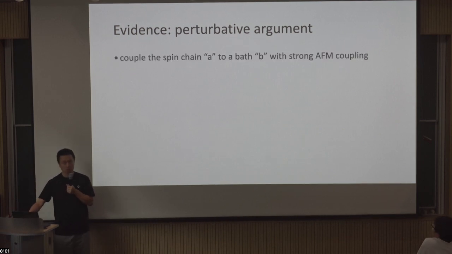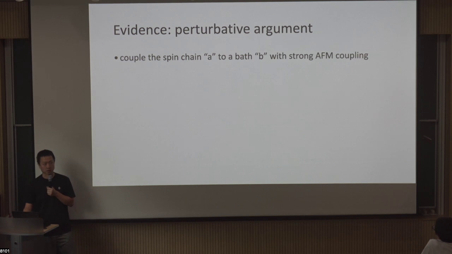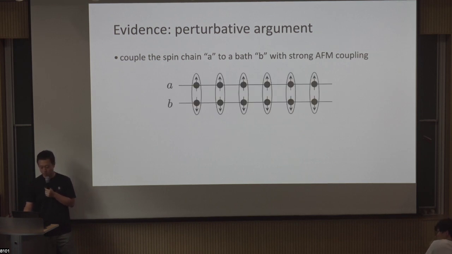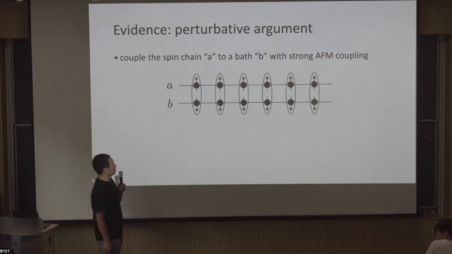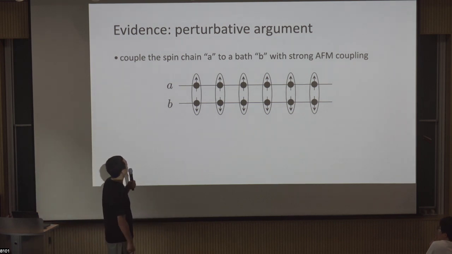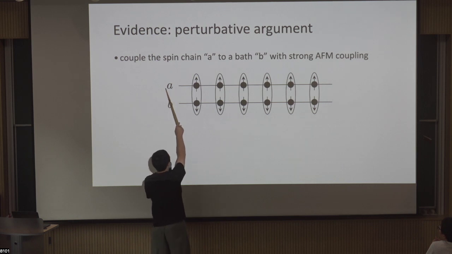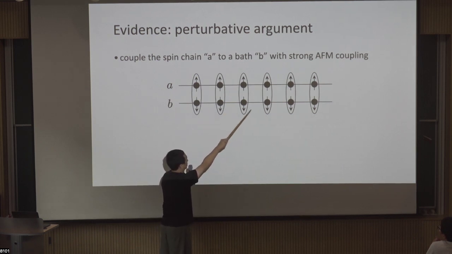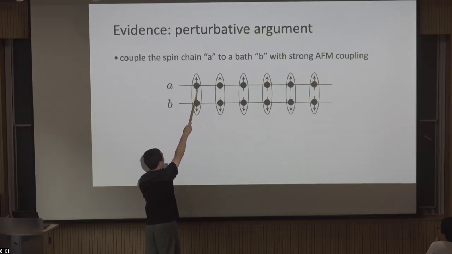So let's think about how we generate a density matrix that satisfies all the conditions. One simple way is to consider a spin chain. A is the spin chain in question, the spin chain we are interested in our theorem. So it's spin 1/2.